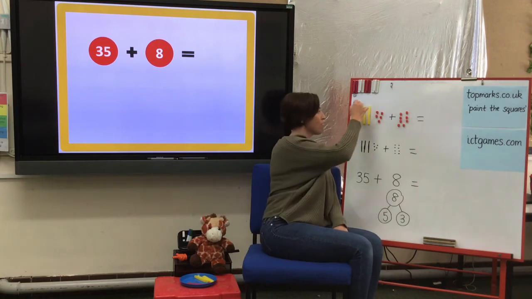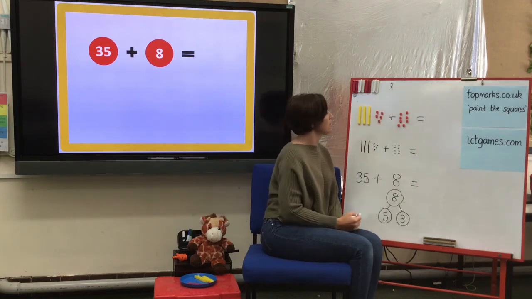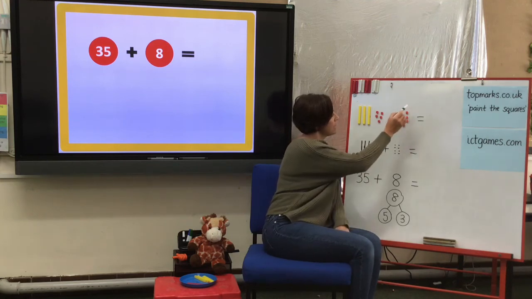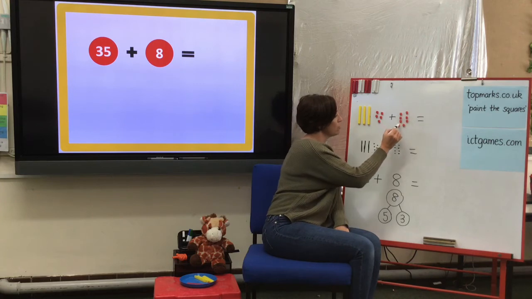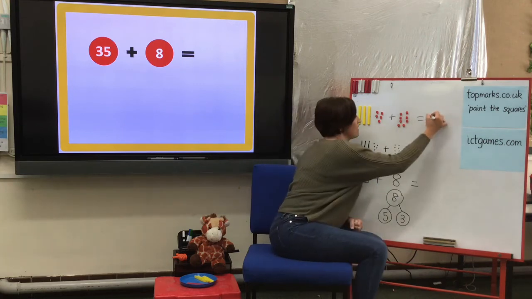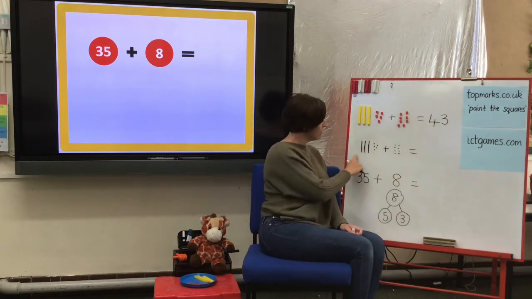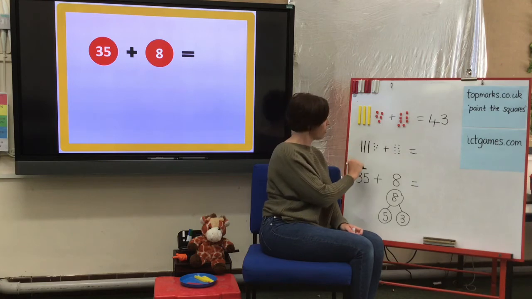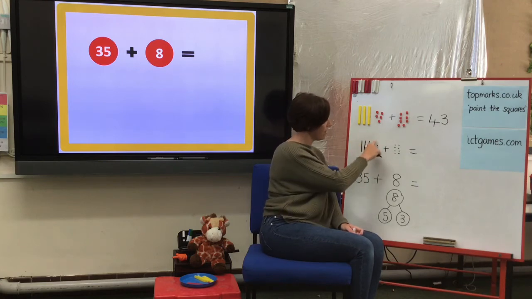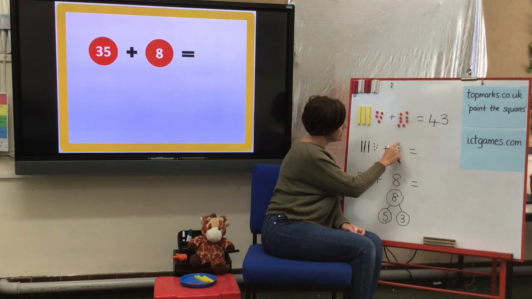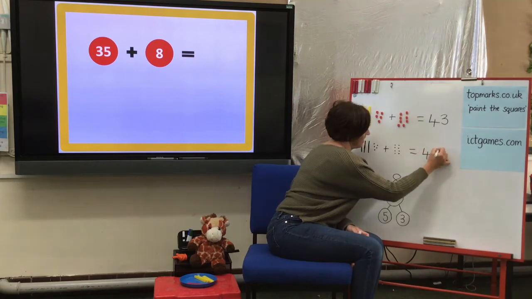So I'm going to start from 35, because we know that that's 35 already, and then count on 36, 37, 38, 39, 40, 41, 42, 43. Okay, so your answer should be 43. And the same again with our picture representation. So now I've drawn out the 10s and the 1s to show again 35, add on 36, 37, 38, 39, 40, 41, 42, 43. Excellent.